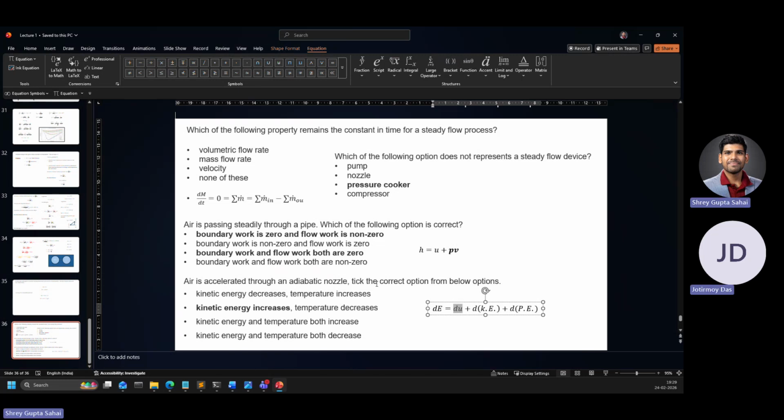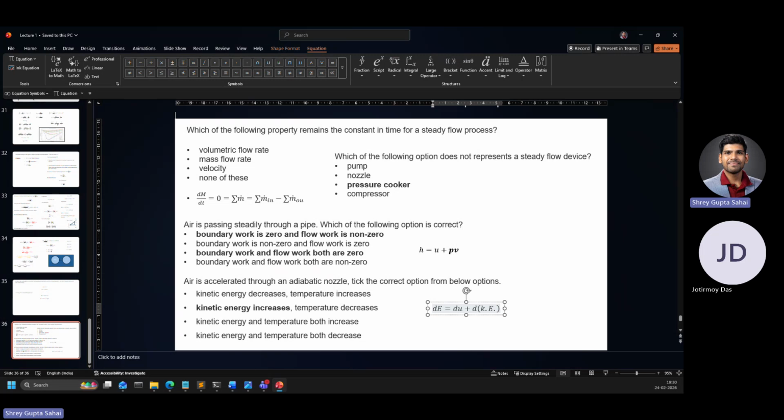So whenever we were writing dU equals delta Q plus delta W, we were essentially writing the thermal energy equation, assuming that the mechanical energy is zero. But in a nozzle, mechanical energy is not zero because there is a thermal to mechanical energy transfer happening. In nozzles, generally the nozzle is at the same height relative to the ground, so change in potential energy goes to zero.